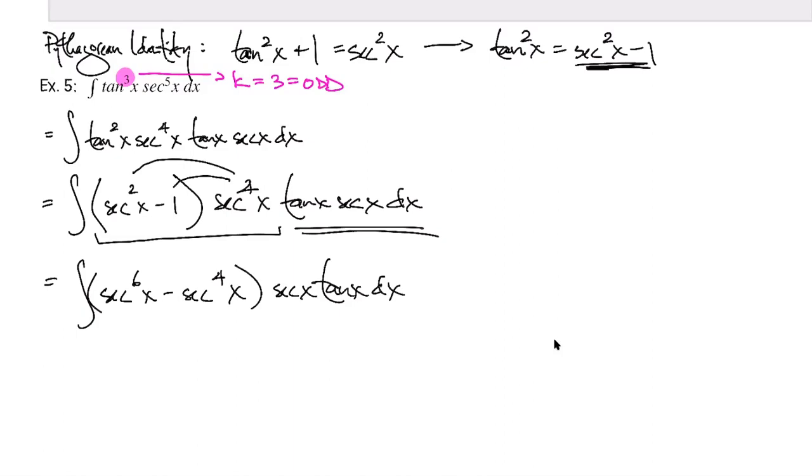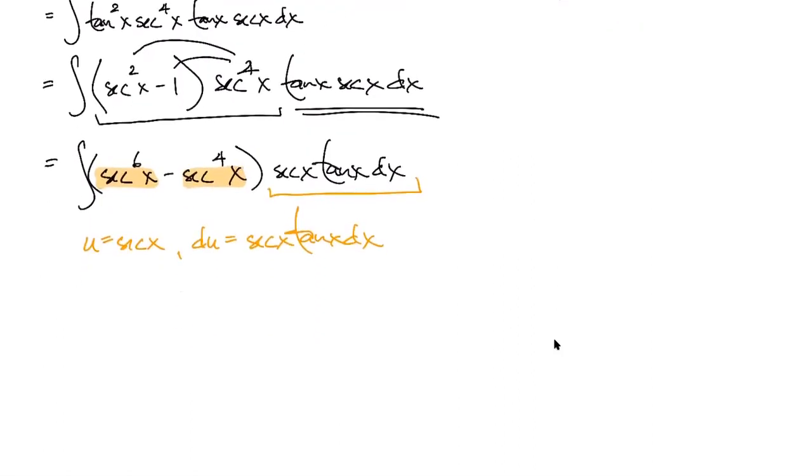Now we're ready to do some u sub. Everywhere we see a secant, we can replace it with a u. So u equals secant x, which means du is secant x tangent x dx. We get rid of that whole piece with just a du. That gives us the integral of u to the 6th minus u to the 4th du.